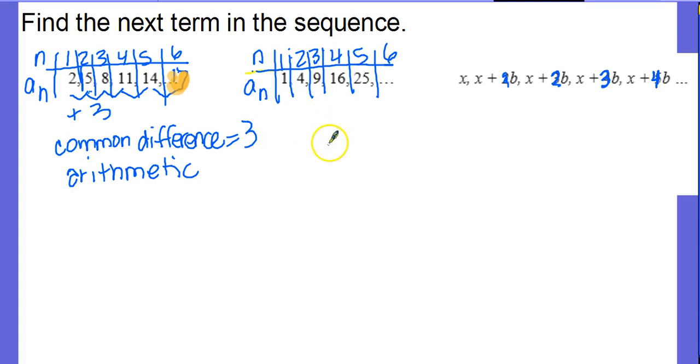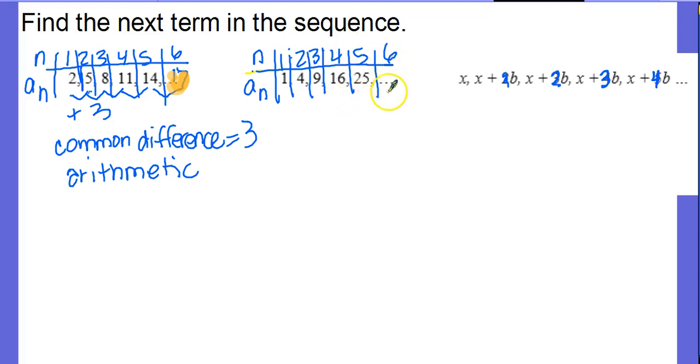So I'm wondering if by adding the positions in the top, you see the pattern immediately, like a correlation between position and output. 1 is 1, 2 is 4, 3 is 9, 4 is 16, 5 is 25. Do you see it?